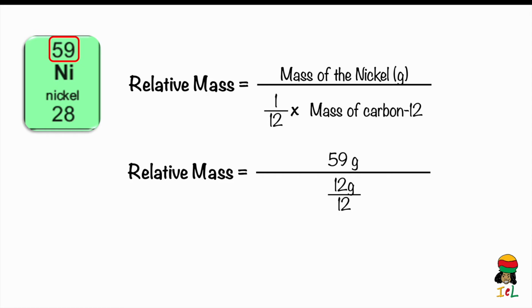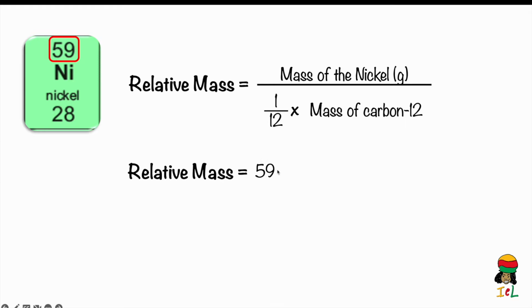As we know, any number divided by itself is 1. So we now have in our denominator 1 gram. Notice that the unit grams, G, appears in the numerator and the denominator. Consequently, the units cancel each other. We are now left with 59 divided by 1, which is equal to 59 without any units.